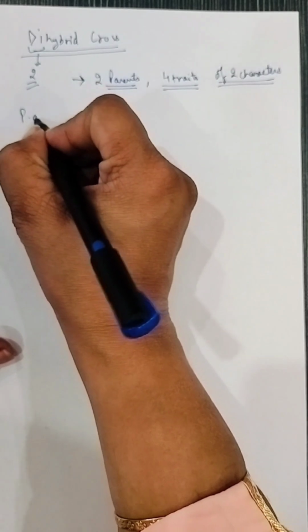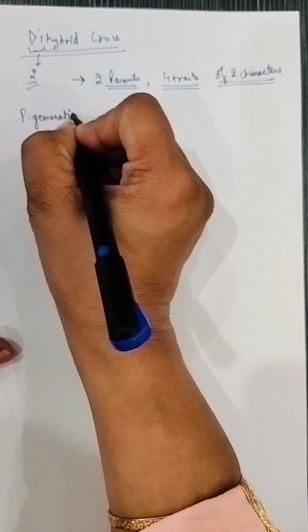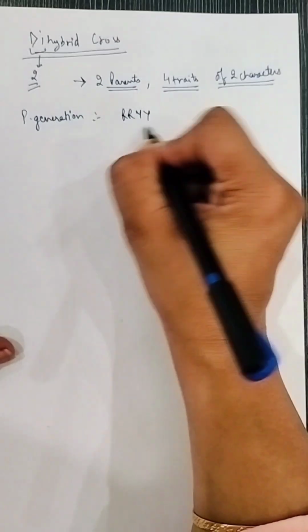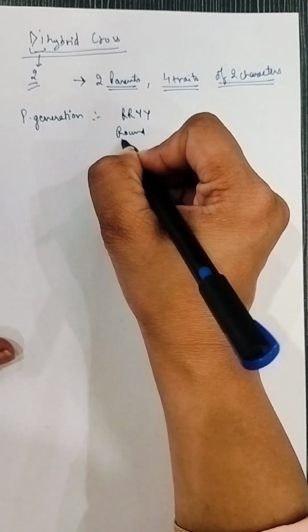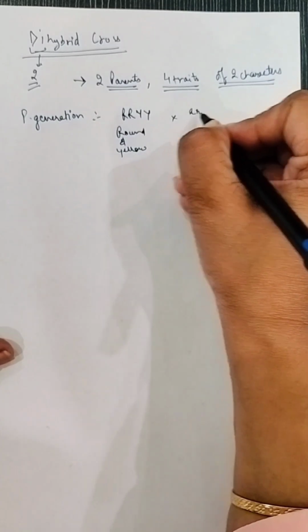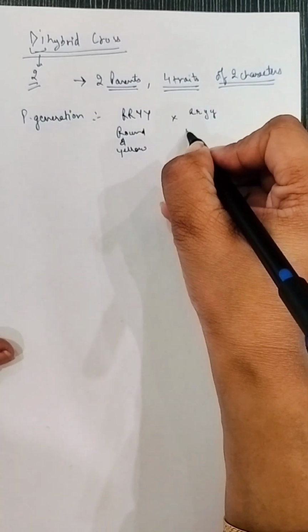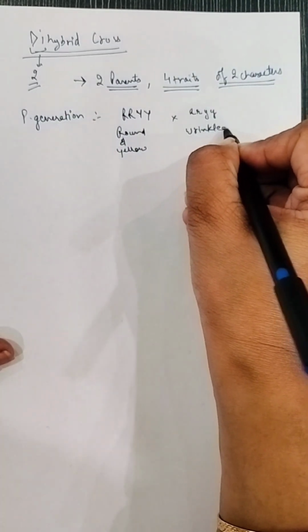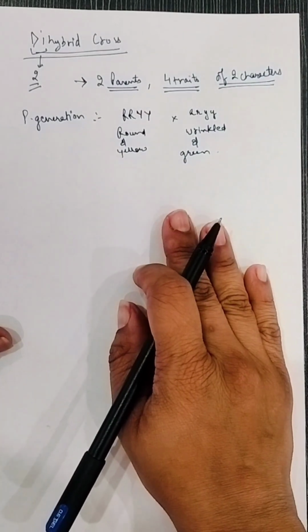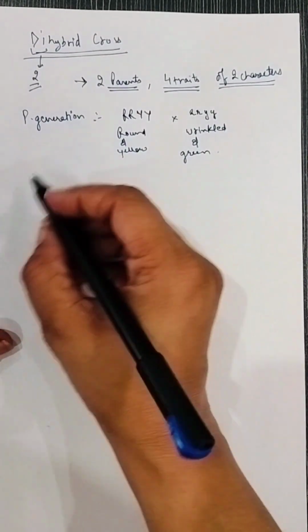So let us take a parental generation, capital R, capital R, capital Y, capital Y. This is round and yellow. We will cross it with wrinkled and green seeds. This is parental generation.